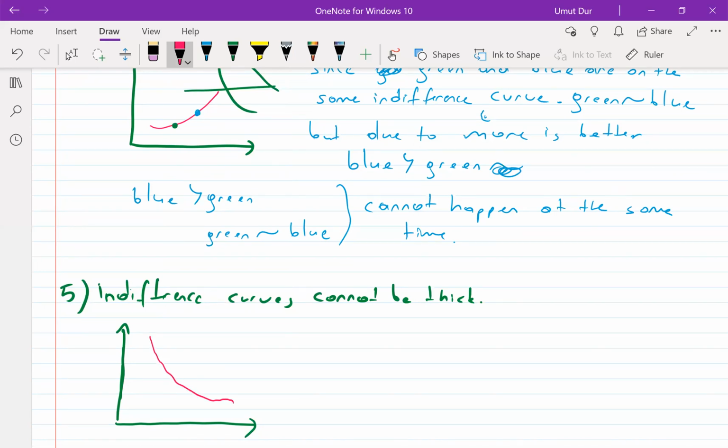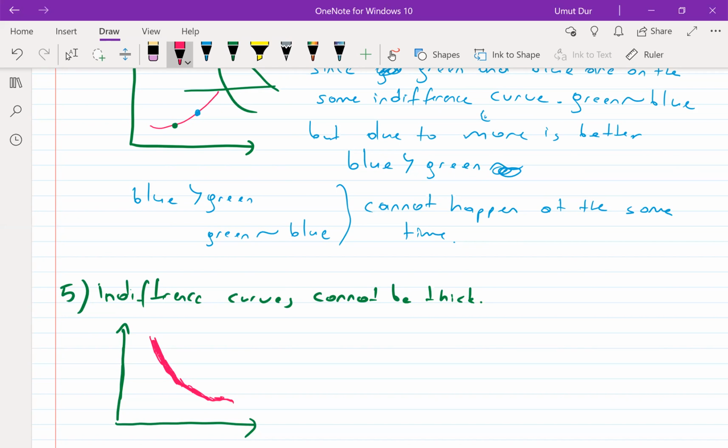So this is our indifference curve. Suppose that our indifference curve is this thick, something like that.